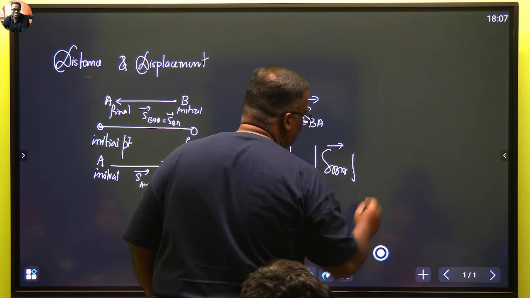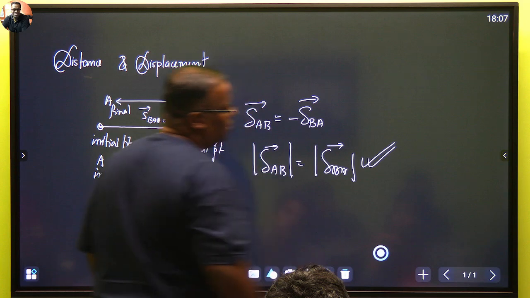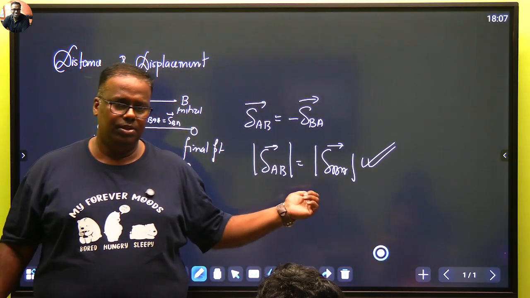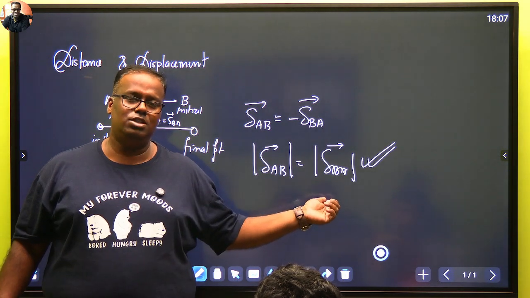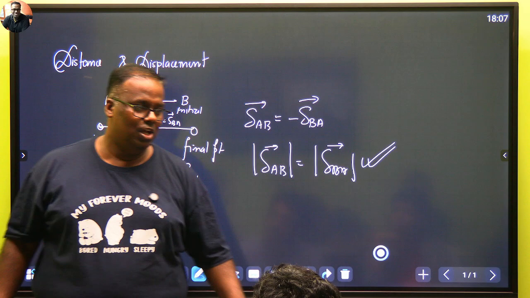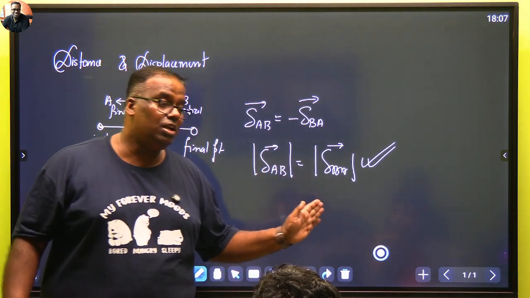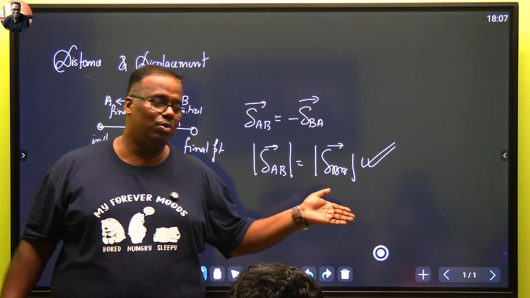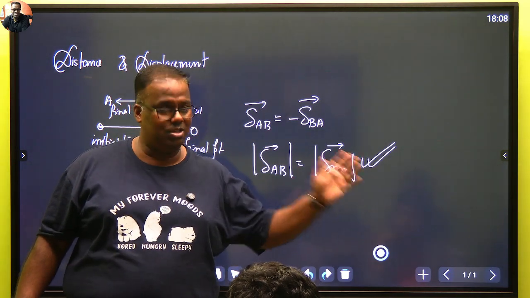At grade 9 level, your problems come like this: Delhi to Jaipur and Jaipur to Delhi, both displacement in magnitude may be 300 kilometers, but Delhi to Jaipur is 300 kilometers west, and Jaipur to Delhi will be 300 kilometers east.